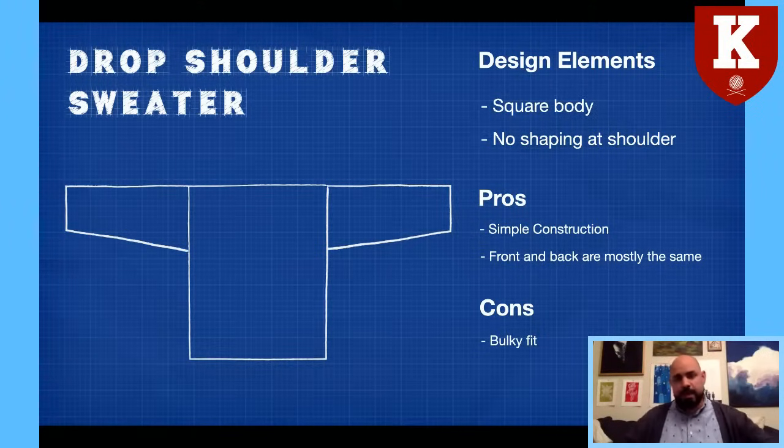If you like that bigger, bulkier fit, this is a good option. A very simple kind of sweater to knit, and its simple construction allows you to do more with the body because you don't have to really think about how to adapt your color work pattern in order to deal with the decreases of a set-in sleeve.